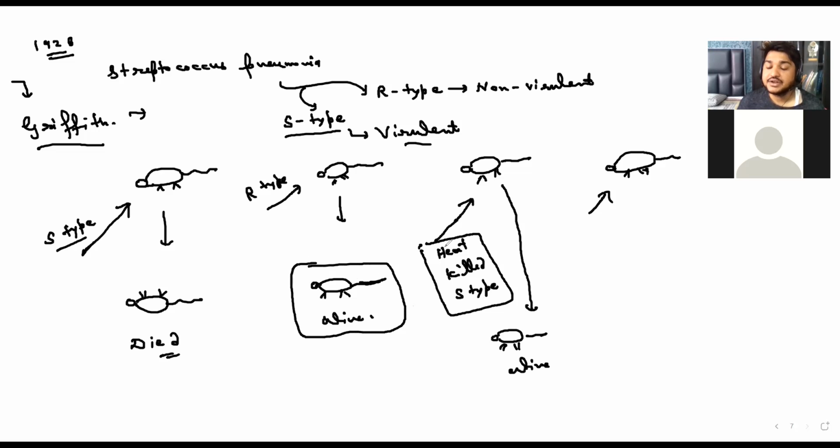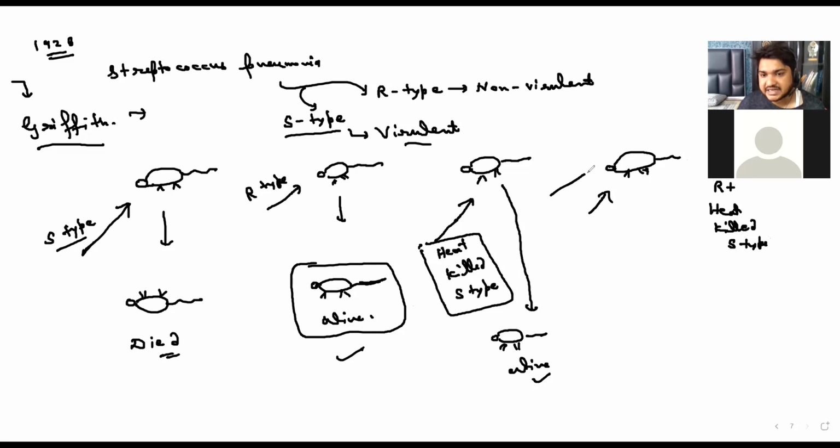Now, if you mix both R type and the heat killed S type, what do you think? Should the rats remain alive or die? R strain, mouse remains alive. Heat killed S type, mouse remains alive.